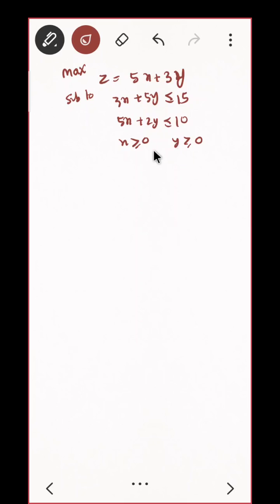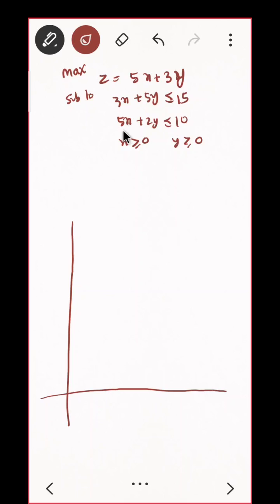Correct? So what is the first step? To draw these inequalities. X is positive, y is positive, that means your graph will be in the first quadrant. So you don't have to draw all the coordinates, you just have to draw the first quadrant.